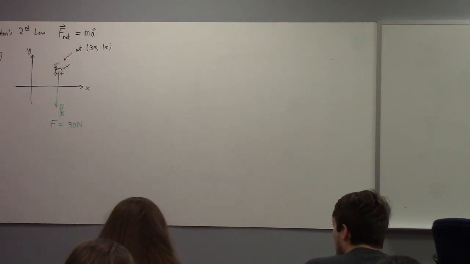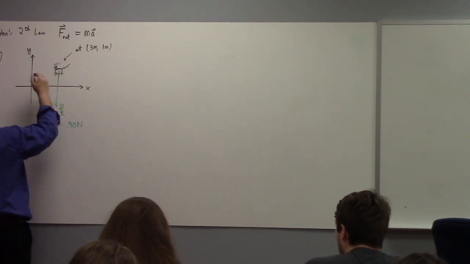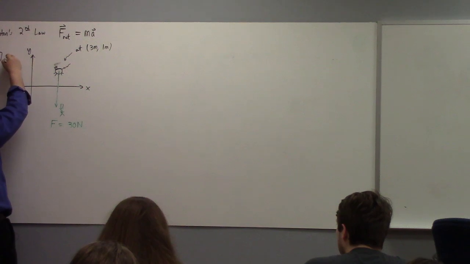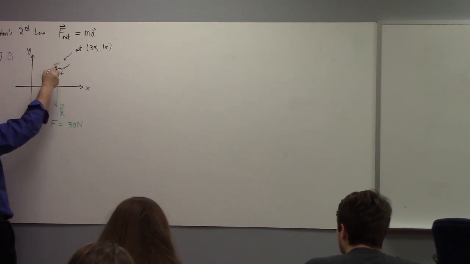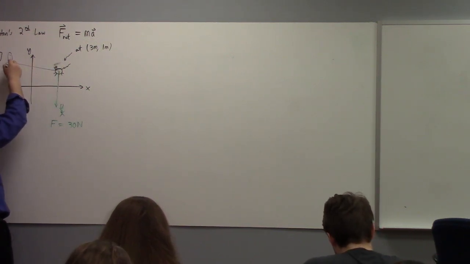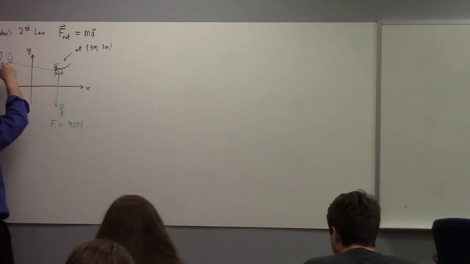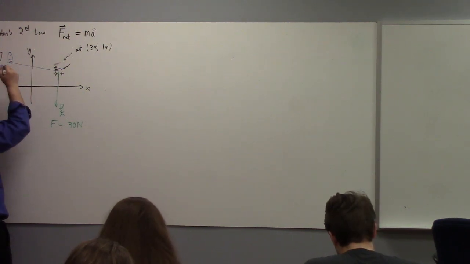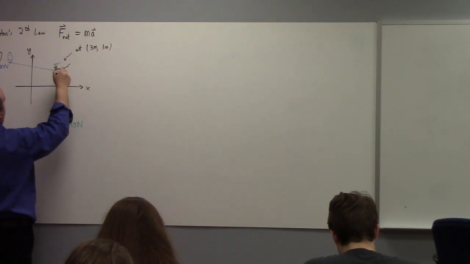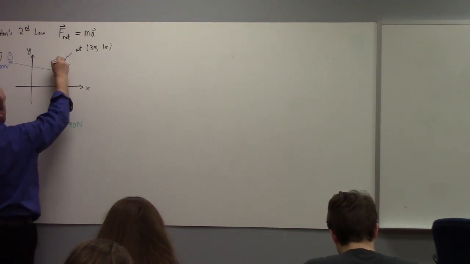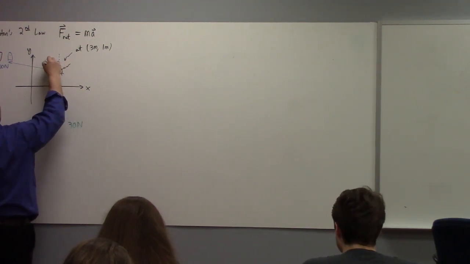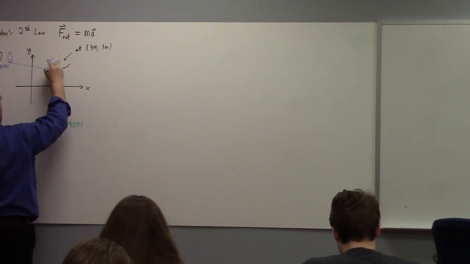So we've got 30 newtons pulling that way. And then you have a ghost over here, and it is pulling at, let's say, 100 newtons. And let us suppose that this angle here is given to be 80 degrees.